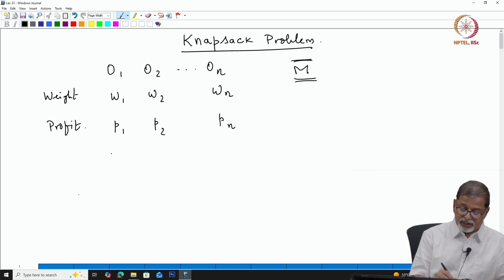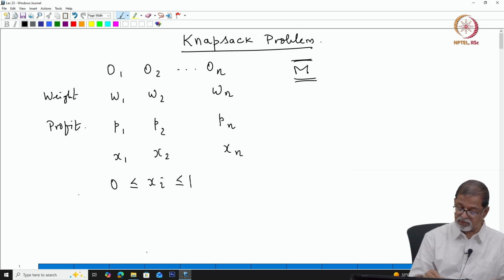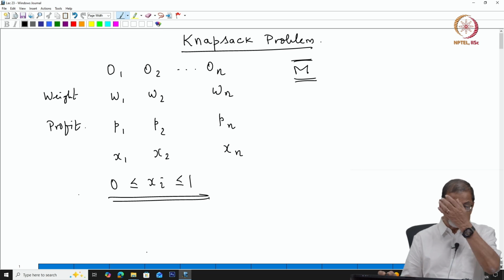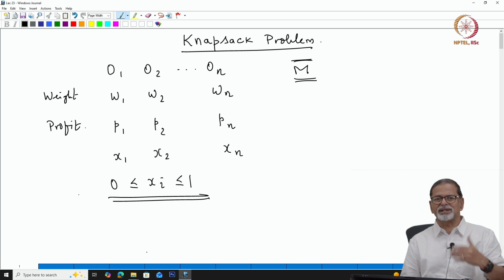So, you may take a fraction x1 of O1, a fraction x2 of O2, a fraction xn, 0 less than or equal to xi is less than or equal to 1. Any arbitrary real number, a fraction of the object you can pick.